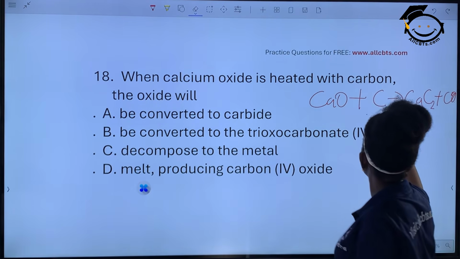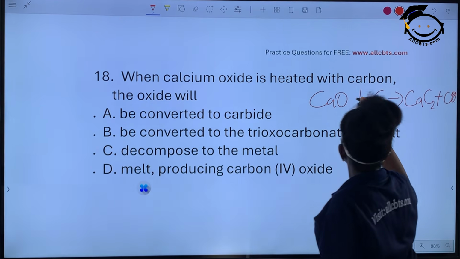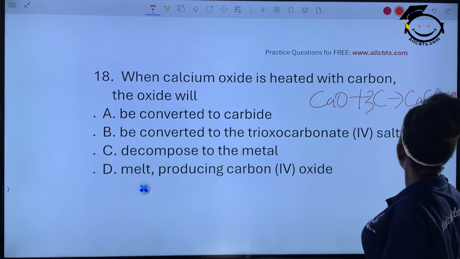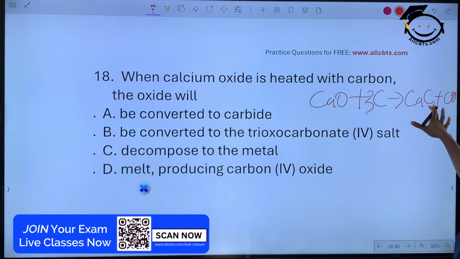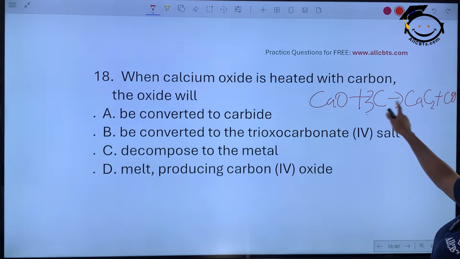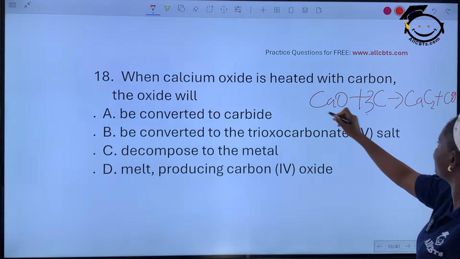So yes, it's balanced. For carbon, we have 2 plus 1, that's 3, and 3 here. Calcium, the equation is balanced.